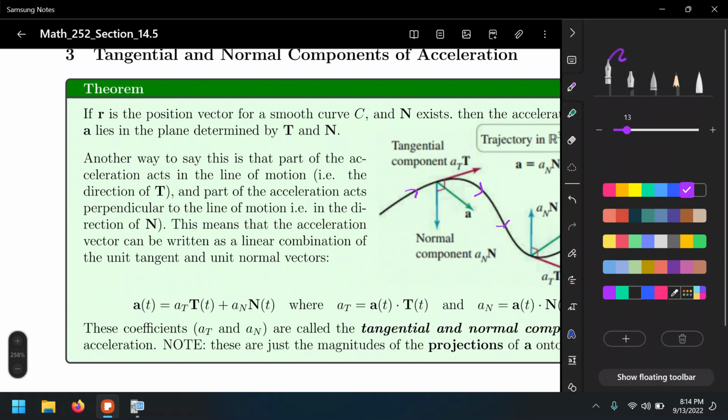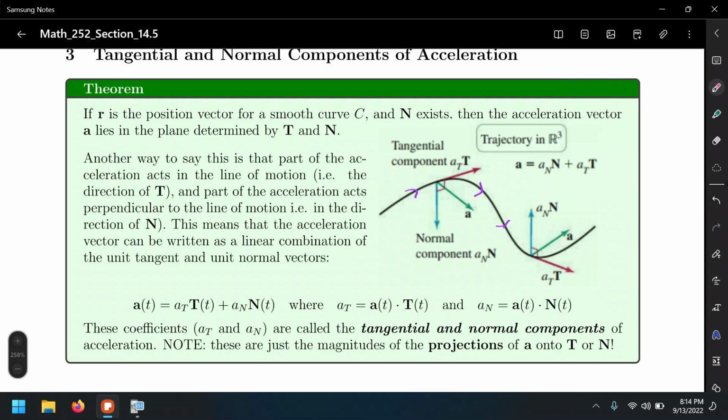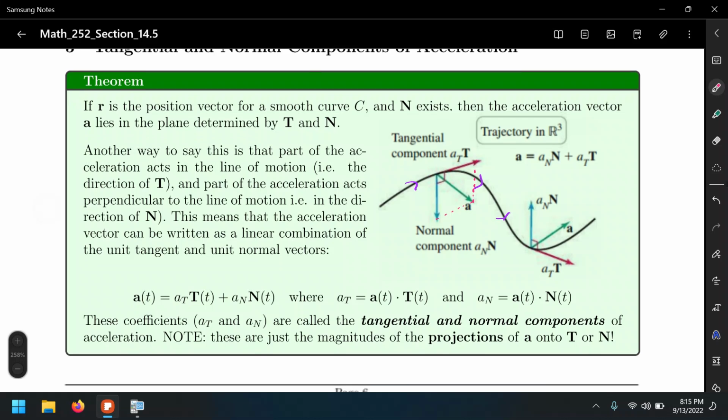You might remember from, I think, day 1 of class, when we added two vectors. So suppose we add the tangential with the normal using the parallelogram method. What we're doing in this case is decomposing this acceleration vector into two components, the normal component and the tangential component.